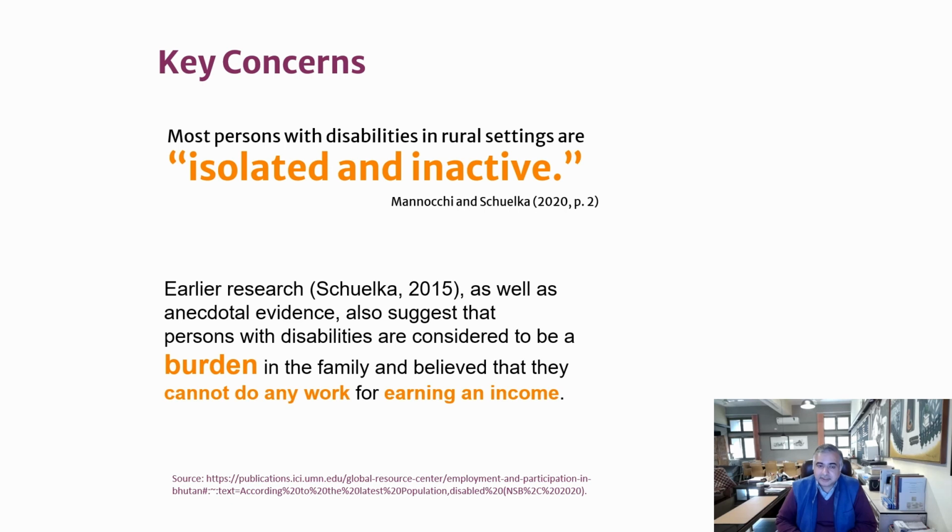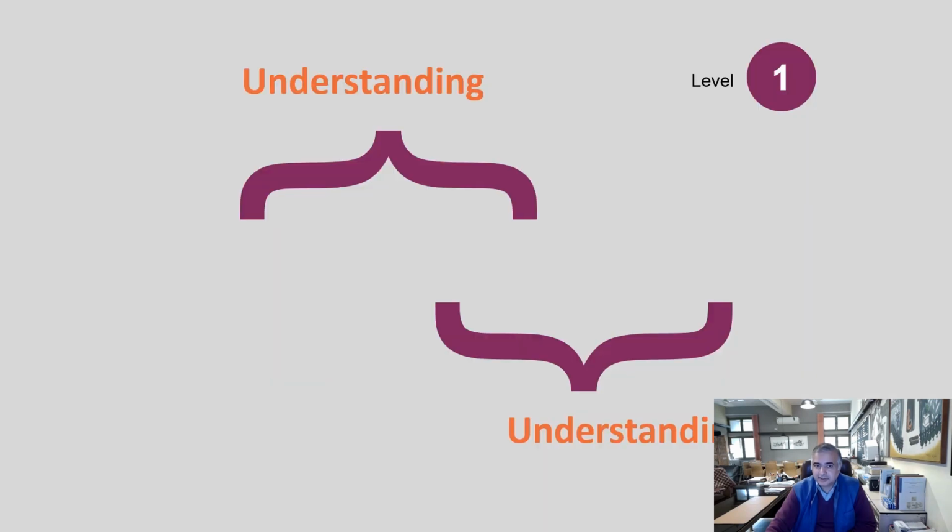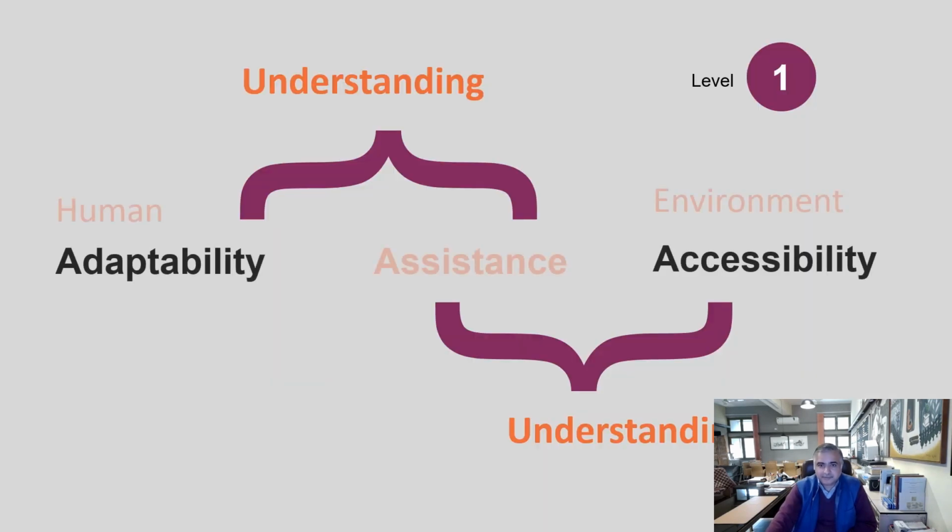to ensure that access becomes a key ingredient for the steps to inclusion as we make our infrastructure, as we build our systems. But for that to happen, we have to understand how the state provides assistance or support. Level 1 talks about assistance in the form of understanding.